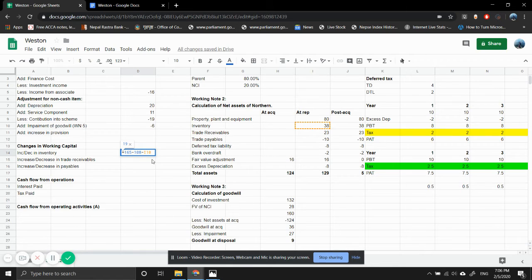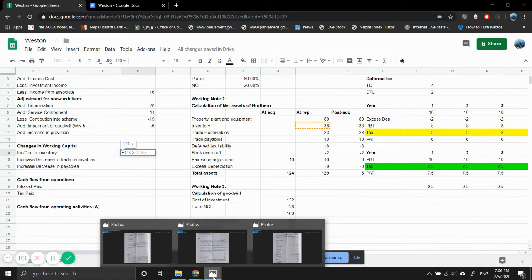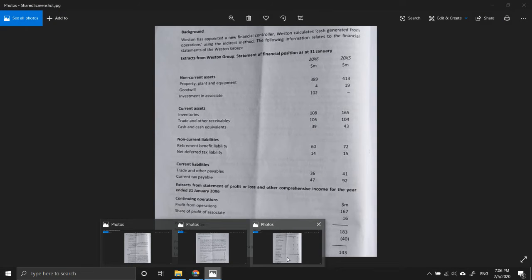Otherwise what you can do is you can do something else as well. So you can basically remove it from 165. So how much will you get? 145, right? What was the inventory?